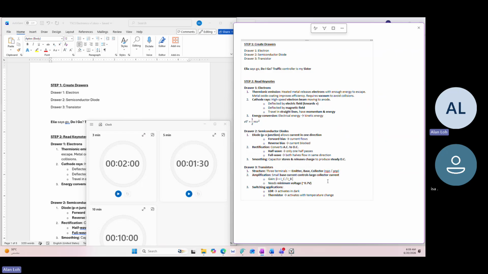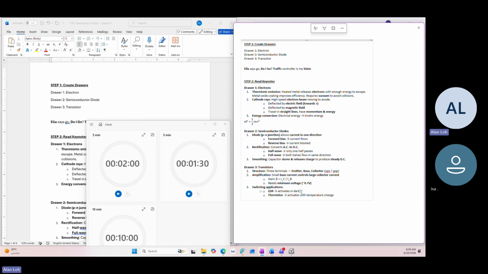Then the transistor. For the transistor, you have emitter, base, collector, EBC. Then you have a very simple formula, which you're going to know later. Then you have this application of detecting the intensity of the light, whether it's dark or bright.